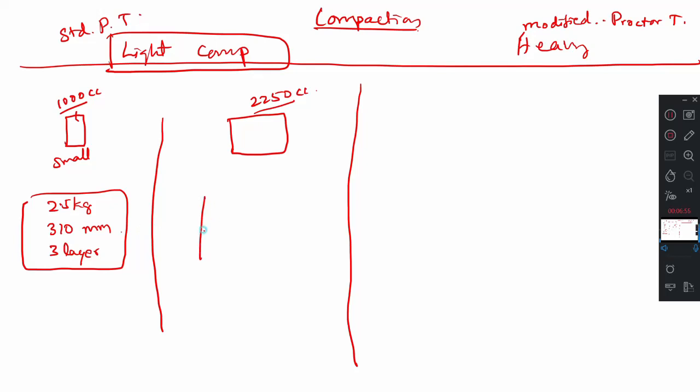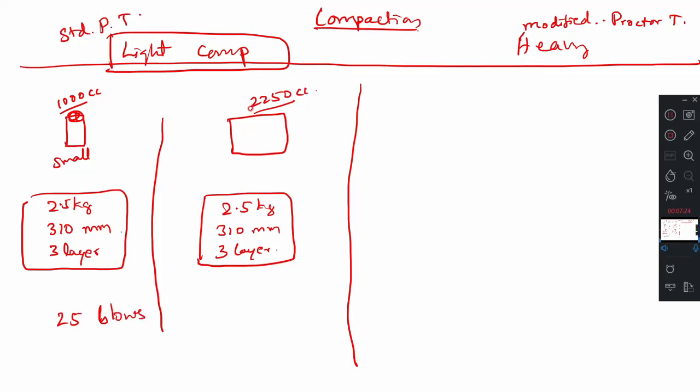Whether you take the bigger mold or the smaller mold, if you are doing light compaction, it is the same thing: 2.5 kg, 310 mm fall, and 3 layers. Don't think that because the big mold is there, it is 5 layers. No. Understood? Then the diameter of the small mold is small, therefore 25 blows. And the diameter of the bigger mold is bigger, therefore it is 56 blows.